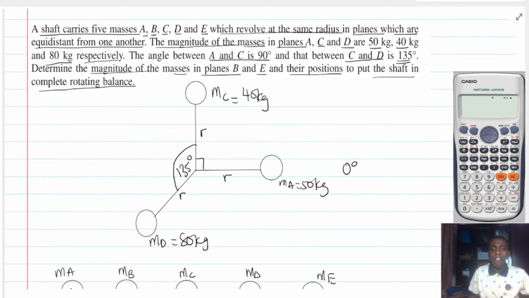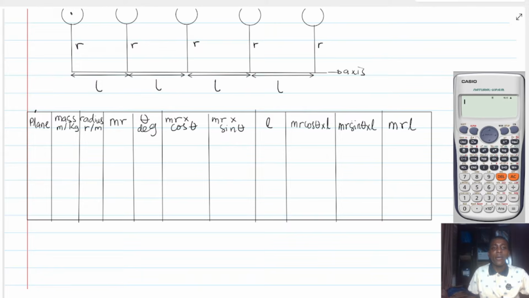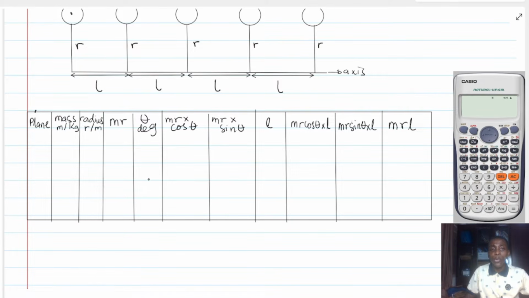Now we have our table ready. If you are watching this video as a student, I want you to draw this table so that we can copy and complete this table together. So I'm waiting for you. Draw the table and let's learn together.